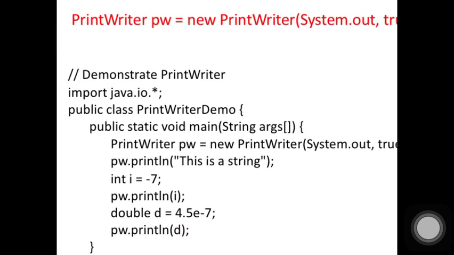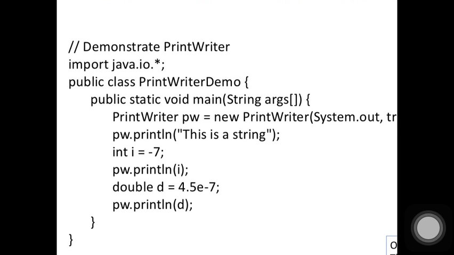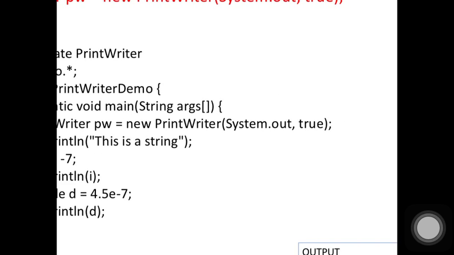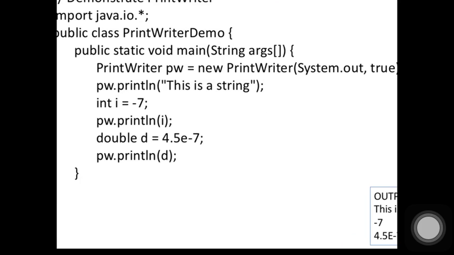Here is a simple application: import java.io.* and public class PrintWriterDemo, and inside the main method you define PrintWriter pw equal to new PrintWriter(System.out, true). Here I am using System.out as the output stream object, and I am making the second parameter true. Two parameters are needed for this PrintWriter, and I can directly use pw.println.